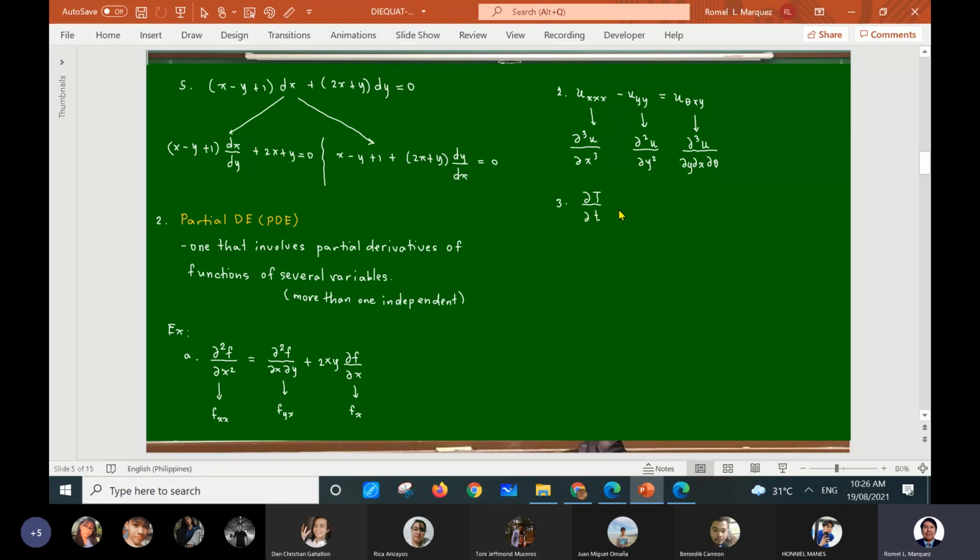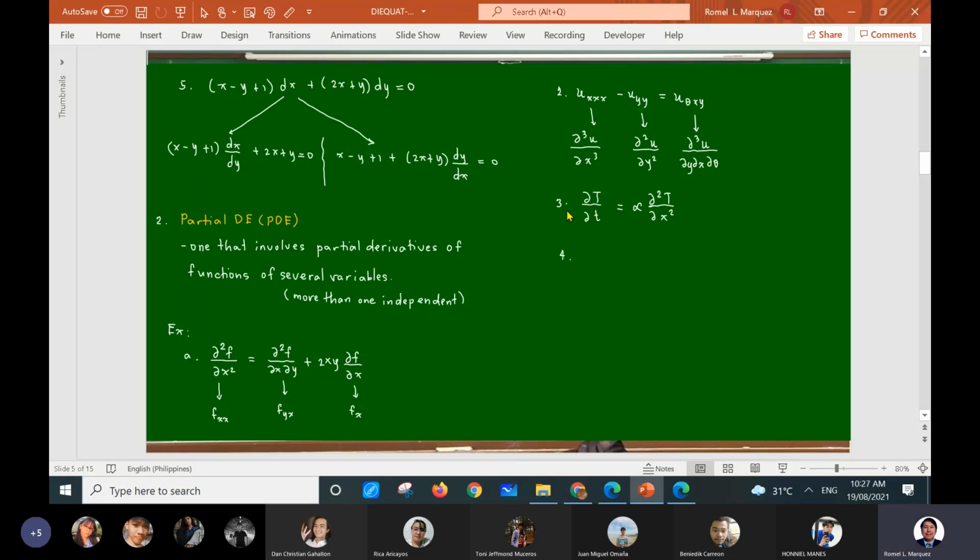So they are different variables, and that is equal to, let's say, alpha, multiplied by the second partial derivative of big T with respect to x, in particular twice with respect to x. So another partial derivative. Okay?